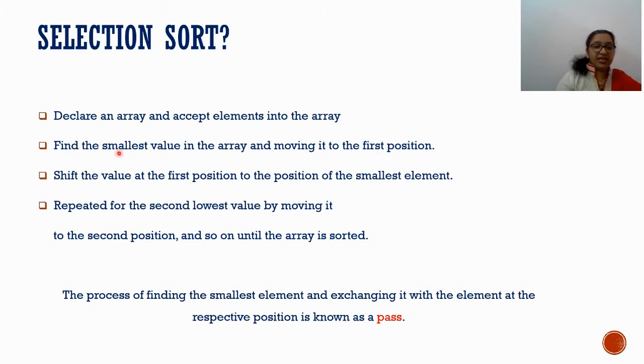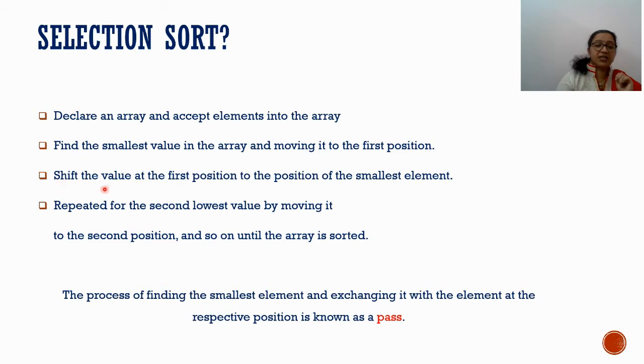First we find the lowest value. There are n values in the array. From that array, we select the smallest element and move it to the first position of the array. First position means the 0th position.